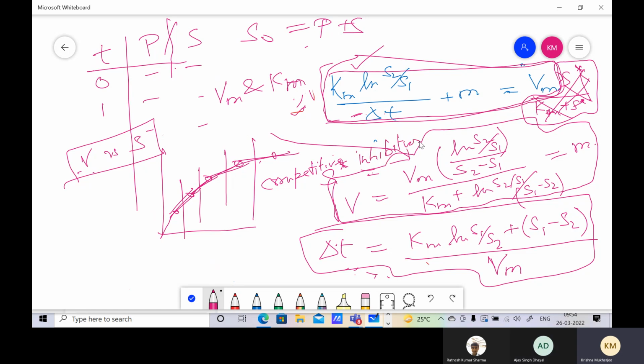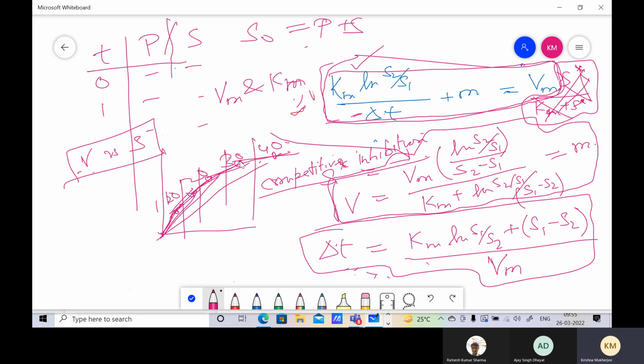Suppose you have competitive inhibition, then you can do the same method, but now you have to take slopes from 0 to 20, say 10% P, 20% P, 30% P, 40% P, and so forth. Then you join 0 and 10, 0 and 20, 0 and 30, 0 and 40, and I think I'm taking too much of a shortcut.